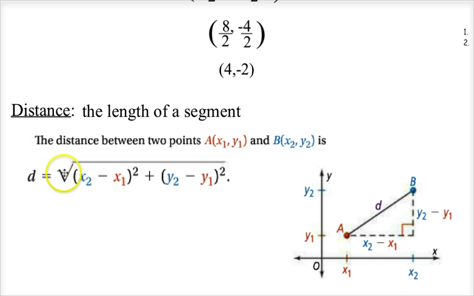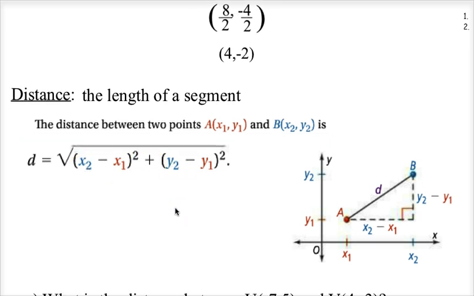So distance formula is the square root, parentheses x2 minus x1 squared, plus y2 minus y1 squared. Okay, and always remember that this is in parentheses and you're squaring it. So even if you have a negative number here, it's being squared, so you're always going to get a positive. Okay, and it doesn't matter which x1 or y1 that you start with as long as you're consistent. If I'm starting with x2, then on this side I have to start with y2.